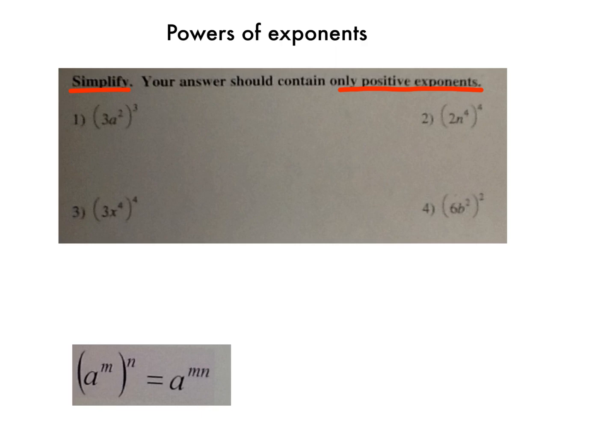We have 3a squared, but all of that cubed. What does that look like? It's 3a squared times 3a squared times 3a squared, because you need 3 of them. So what else does this really look like?